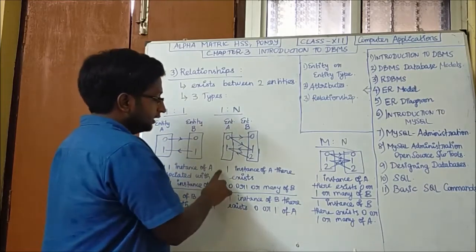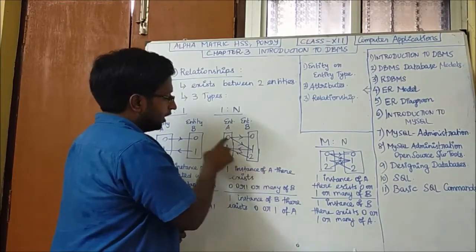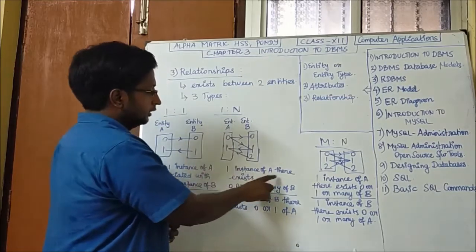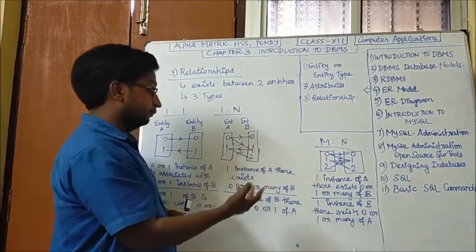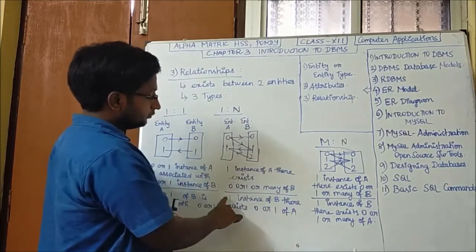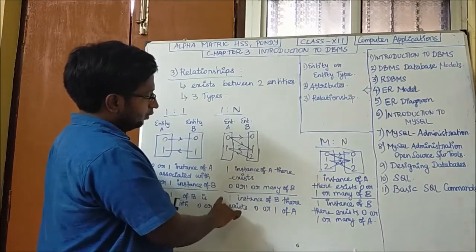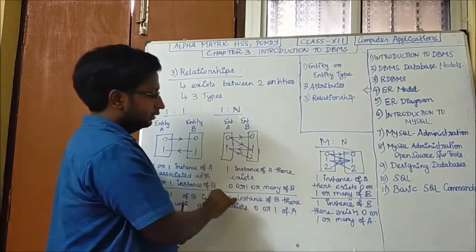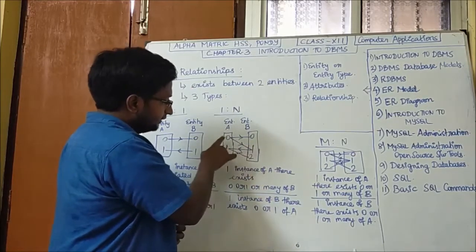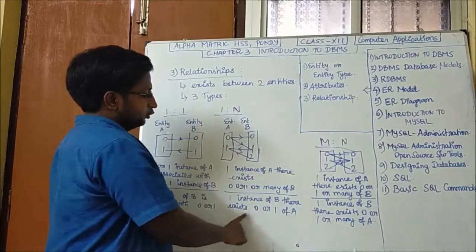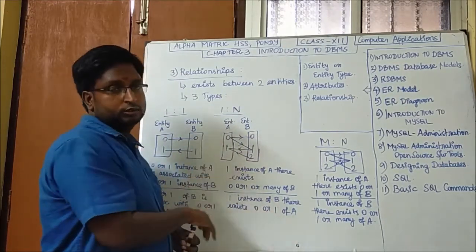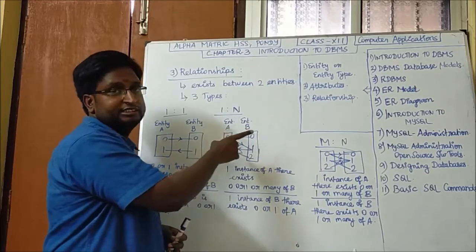So that is written as one instance of A that exists with either 0 or 1 or many of B. In vice versa, one instance of B exists with either 0 or 1 only. Only one instance is associated in the vice versa direction in a one-to-many relationship.